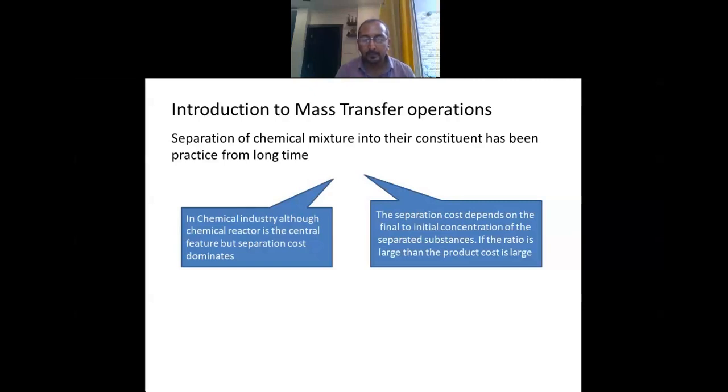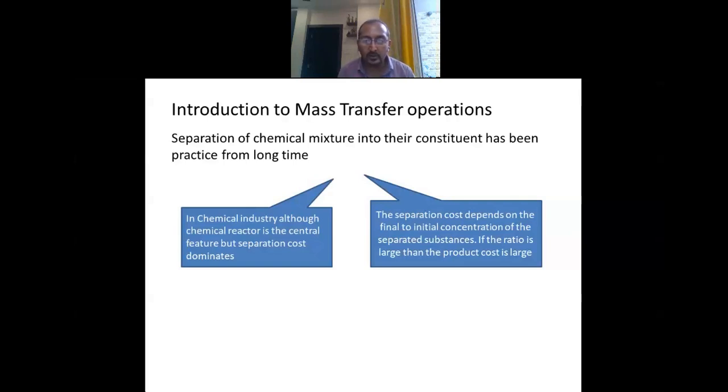For example, sulfuric acid is relatively very low cost because the sulfur is found in nature in pure state. So you don't need much purification. Whereas the cost of uranium is very high as it is found in nature at very low concentration.